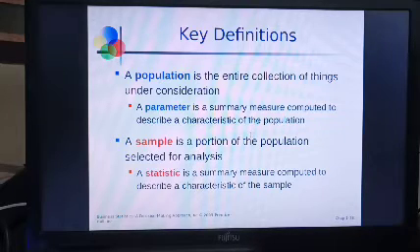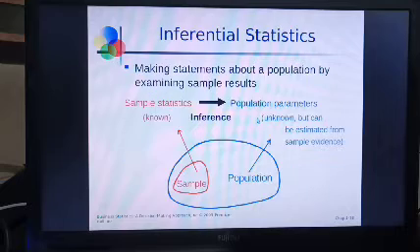Perhaps you get a little bit confused. To visually illustrate, this should help a bit. And this is for inferential statistics, actually. Making statements about a population by examining sample results.